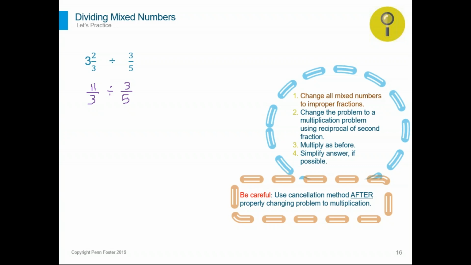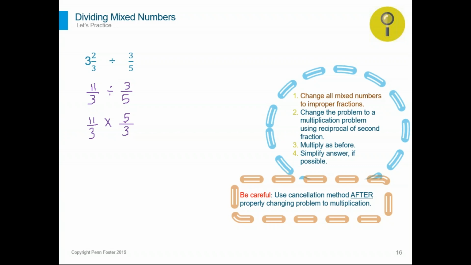What do I mean by that? I mean that you keep the first fraction as is, change the division sign to a multiplication sign, flip the second fraction, or write the reciprocal of the second fraction. It was 3 over 5, make it 5 over 3. That's it. Now it looks like a multiplication problem like the ones we did in the previous slides.